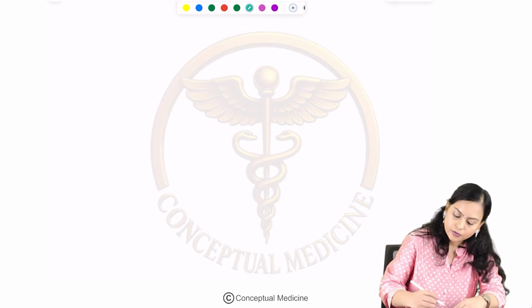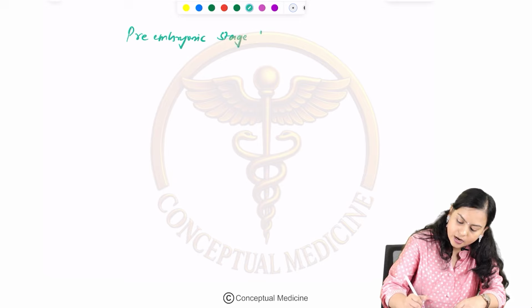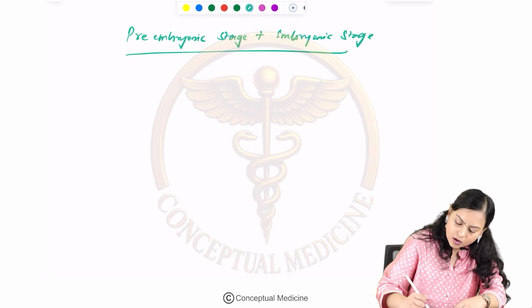Some of the points I want to add here. So far we have discussed the pre-embryonic stage and embryonic stage. There is something called the all or none effect.